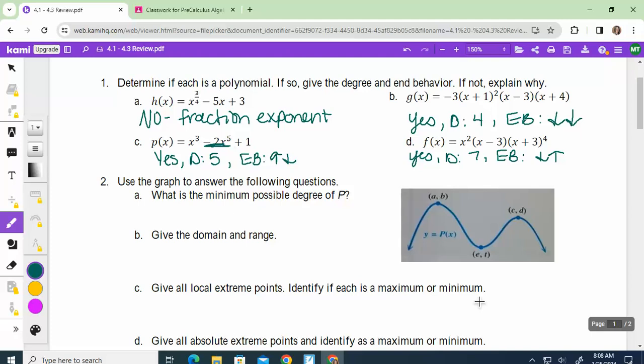Can you tell me, does this have an even or an odd degree? Even. How do you know that? The ends are going the same direction, so it's even.